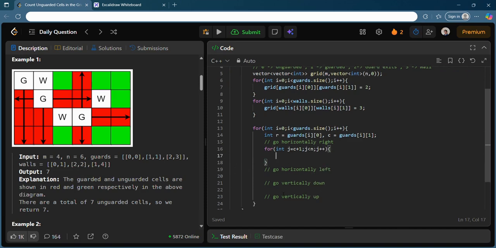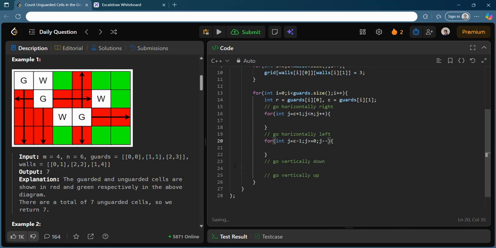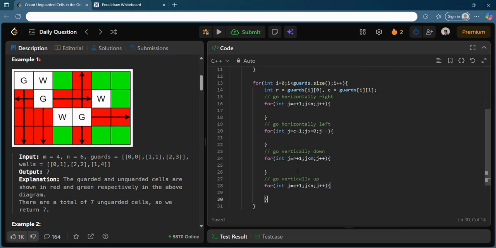And I hope a similar thing I can do here also, but I will start with c minus 1 as I want to go horizontally left, and the edge case will be greater than or equal to 0 and it will be minus minus. And a similar thing for this also: as I want to go vertically down, I want to use this row, and instead of this it will be m, and for vertically up I hope things will be very simple.